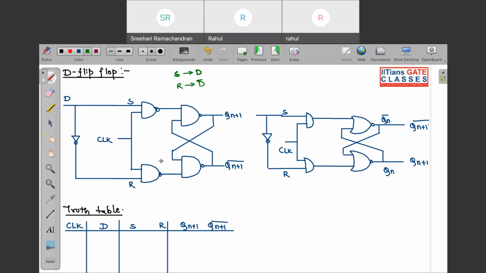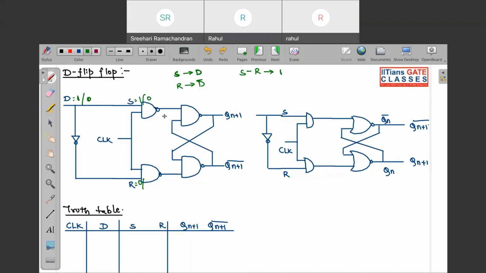The simple thing is that you are operating the SR flip-flop such that if you apply D equal to 1, set will be 1 and reset will be 0. Or if you apply D as 0, set will be 0 and reset will be 1. So you are always applying 0,1 or 1,0.